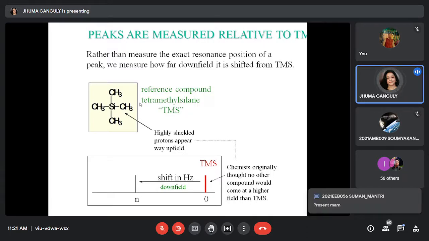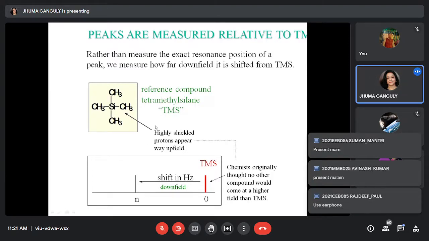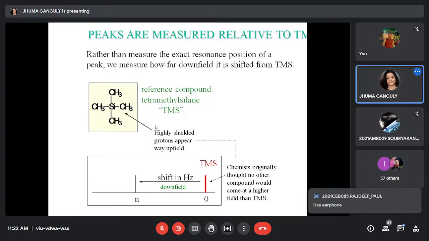So promptly, because these 12 hydrogens are well shielded, they vibrate and resonate with the first application of the applied magnetic field, and that is the TMS signal.